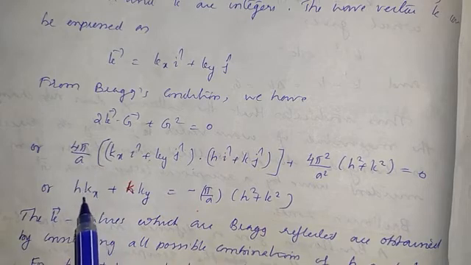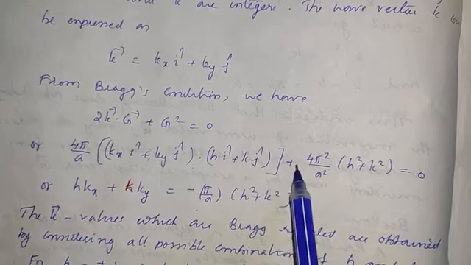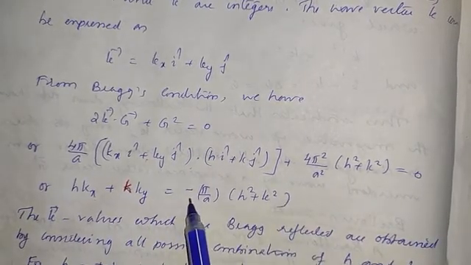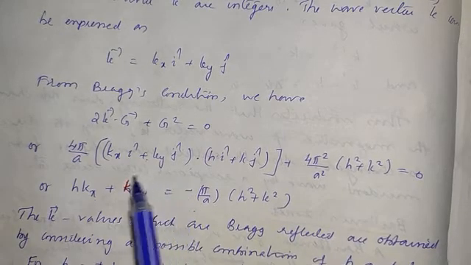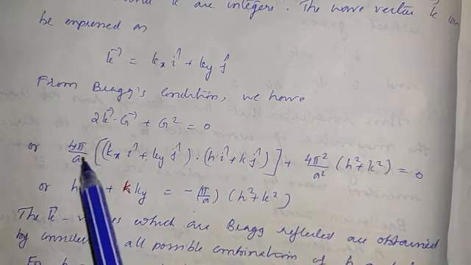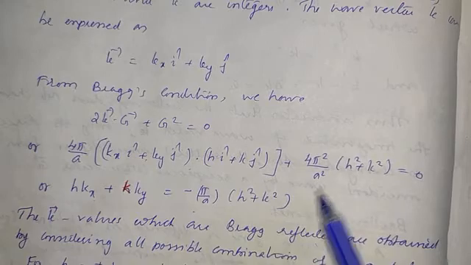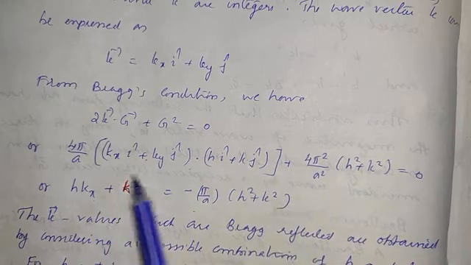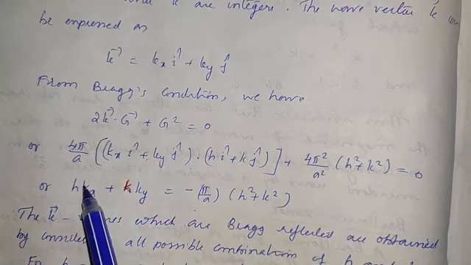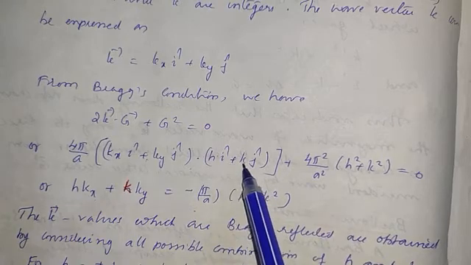In this equation we can take one term to the right side, so a minus sign will appear, and the factors of 4 and 2 pi by a will cancel. The remaining right side will be minus pi by a into (h square plus k square), and on the left side i dot i gives kx h plus ky k.